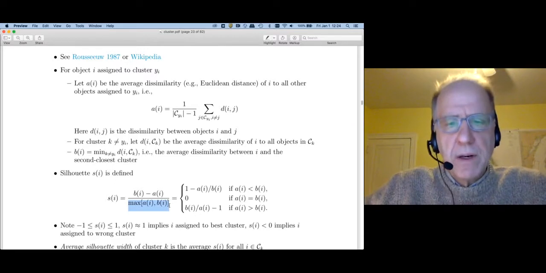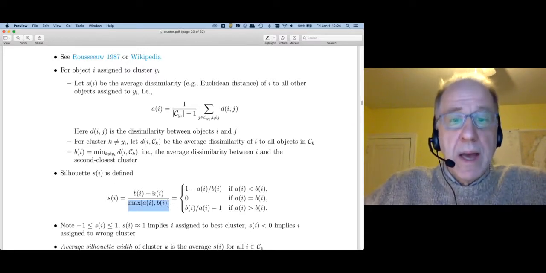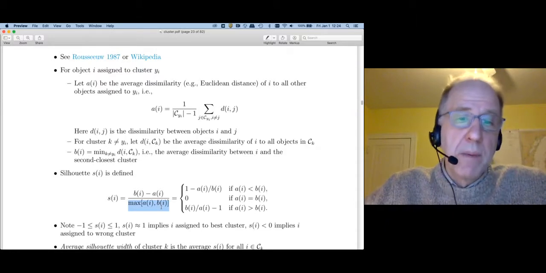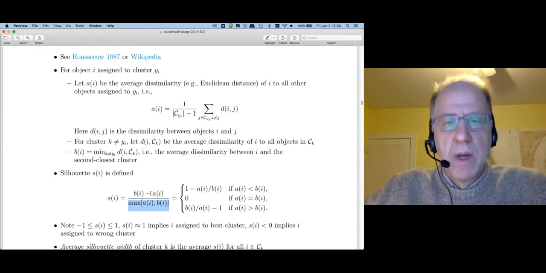And so if you have very well-defined clusters, A sub I will be much smaller than B sub I. So take B sub I minus a very small number, divide by B sub I, you'll get something close to 1.